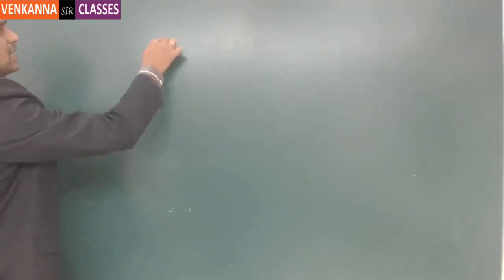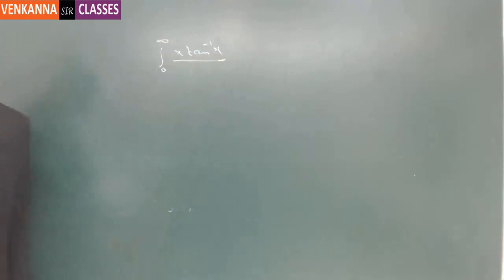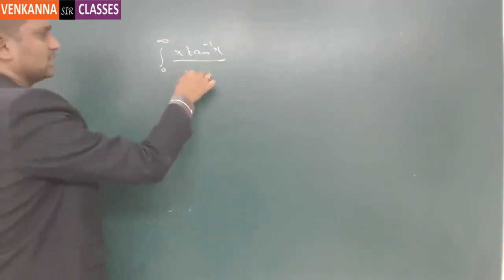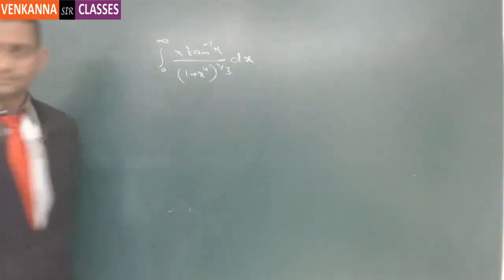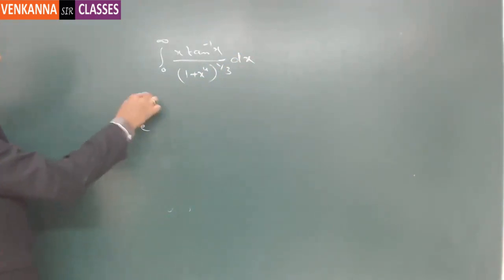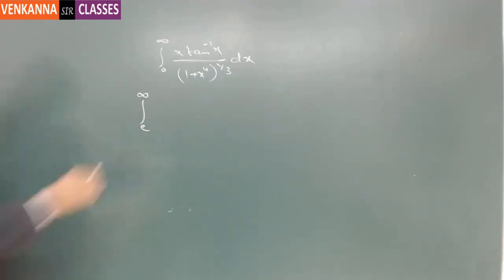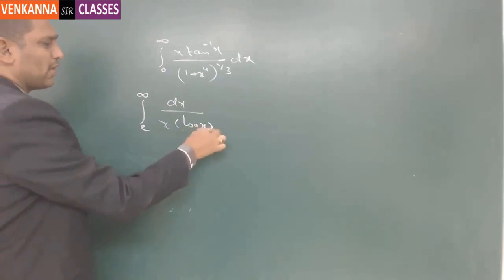Please let me know whether we have done this problem or not. Integral 0 to infinity of x into tan inverse x divided by (1 plus x power 4) whole power 1 by 3 dx. And this problem also: integral e to infinity dx by x into (log x) whole power n plus 1.